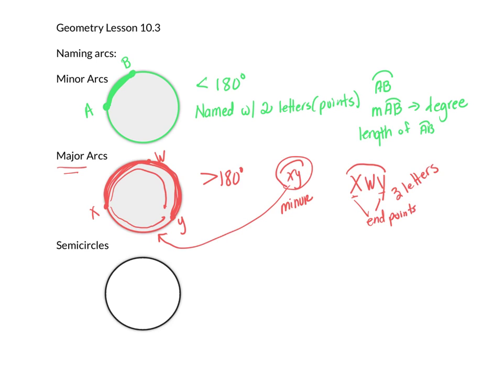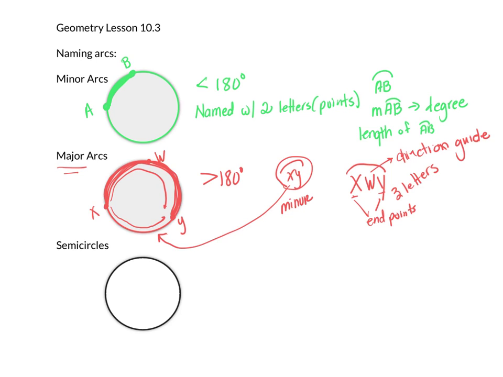And then that W in the middle, that's my direction guide. Okay, so it tells me to go from X, then to W, then to Y. And it's that piece of the circle that I'm talking about.